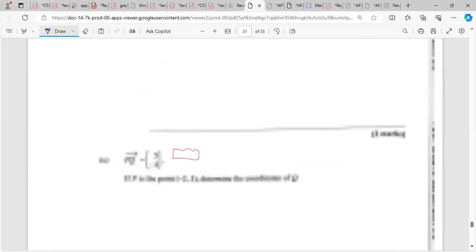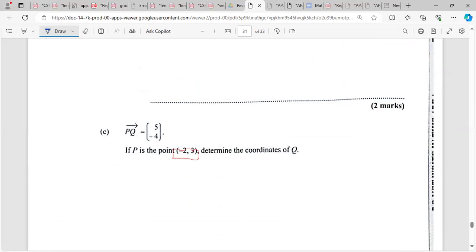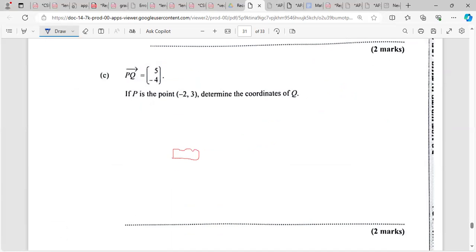Alright. They say now PQ is equal to 5, negative 4.